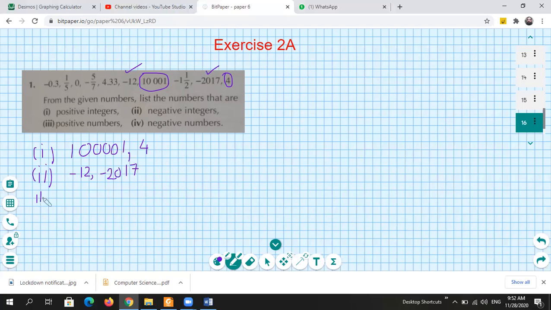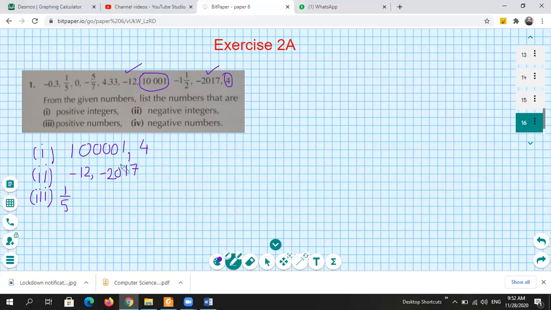So part 3, positive numbers. Positive numbers can be integers or fractions or decimals. So again, we start from the beginning. This is a negative number, so we cannot write negative 0.3. 1 over 5 is a positive number. Although it is not an integer, it's a number. 0, neither positive nor negative.